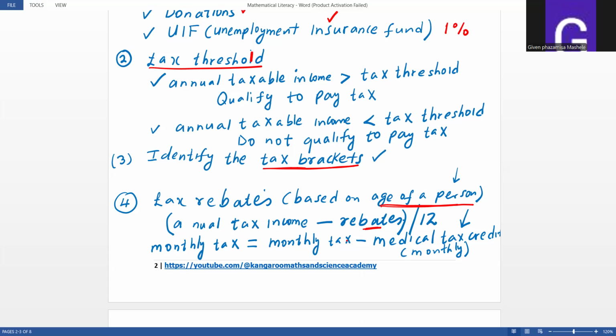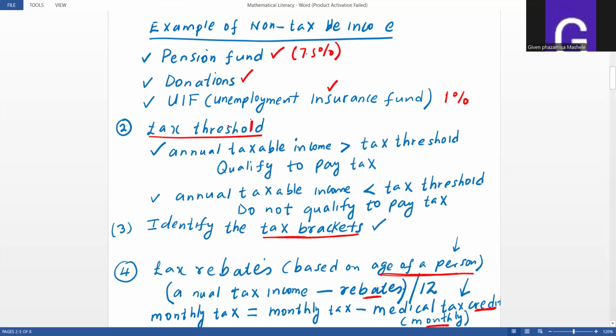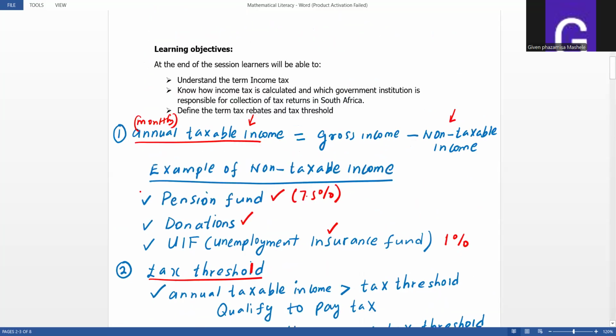And after getting the monthly tax, that's when we can subtract the medical tax credit, unless the medical tax credit was calculated annually. And this is very important, ladies and gentlemen, especially the part of the non-taxable items or income.